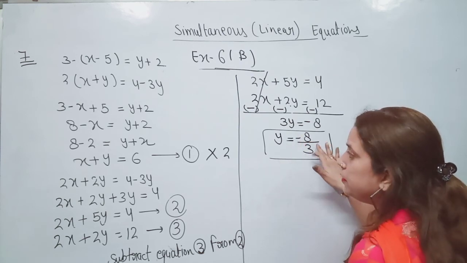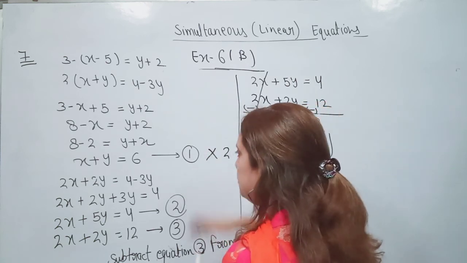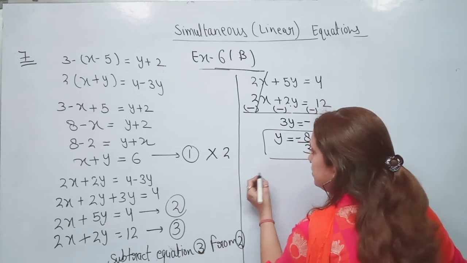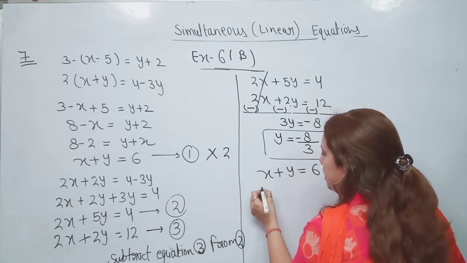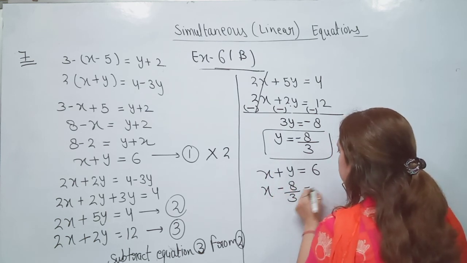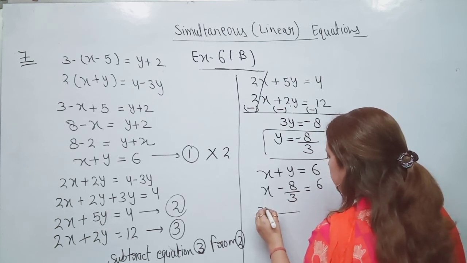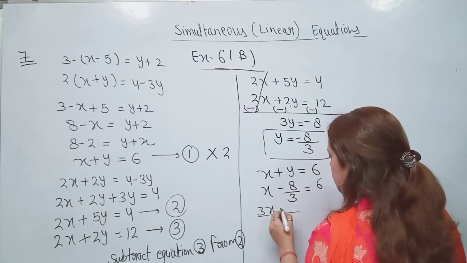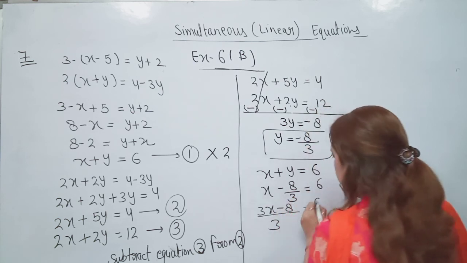Now you can put the value of y in equation first or second, in any equation. So equation first is x plus y is equal to 6. In place of y we can put minus 8 by 3, is equal to 6. Take the LCM, 3x minus 8 is equal to 6.